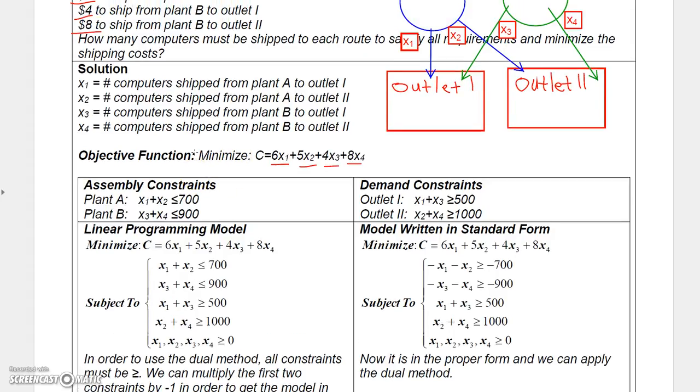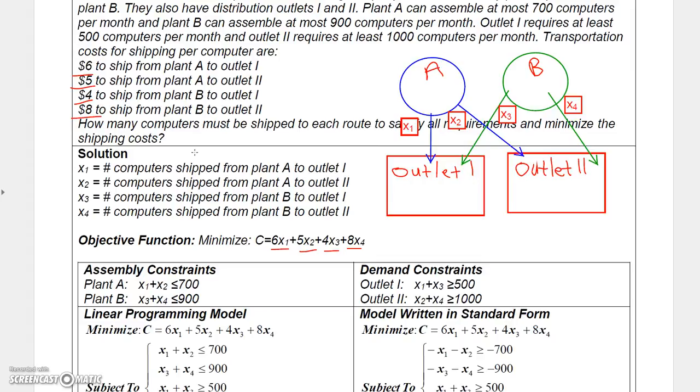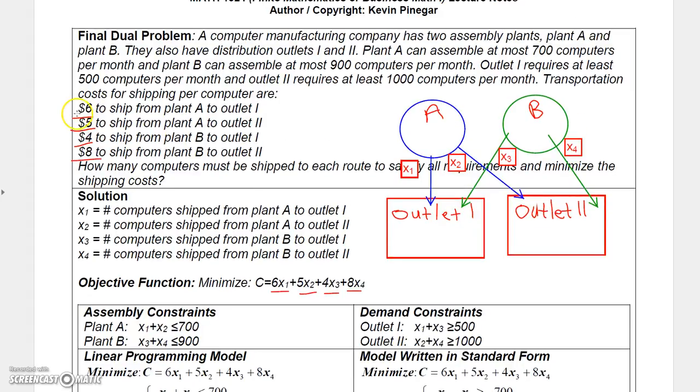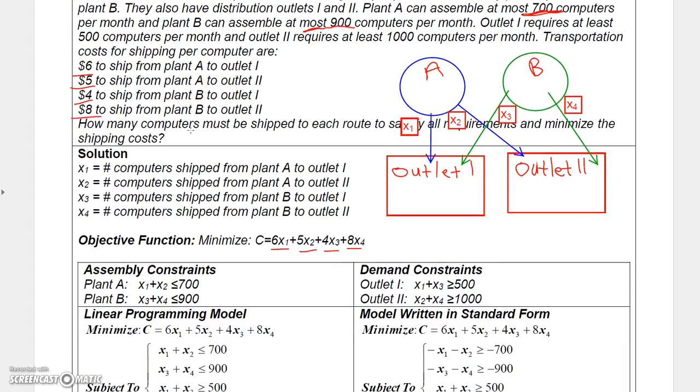Now, you have two constraints in the problem. Plant A can assemble a maximum of 700 computers. So the number of computers that plant A distributes has to be less than or equal to 700. Also, plant B has a maximum of 900 computers, so the computers that leave plant B have to be less than or equal to 900.